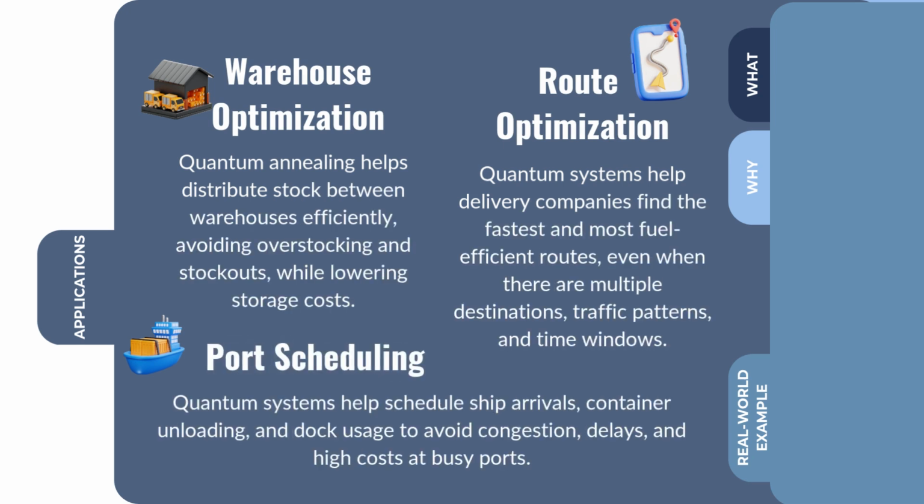Quantum annealing helps distribute stock between warehouses efficiently, avoiding overstocking and stockouts while lowering storage costs. Second, route optimization. Quantum systems help delivery companies find the fastest and most fuel-efficient routes, even when there are multiple destinations, traffic patterns, and time windows.